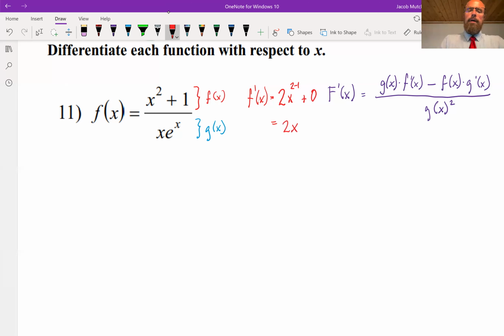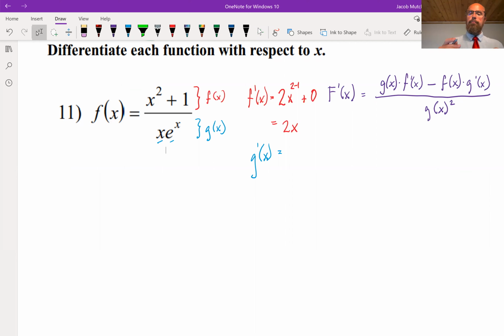The derivative of g of x is slightly different because the original is a product. So what we need to remember is, how do we deal with a derivative of a product? Although we are taking the derivative of a quotient, what we have here within this quotient is another product.